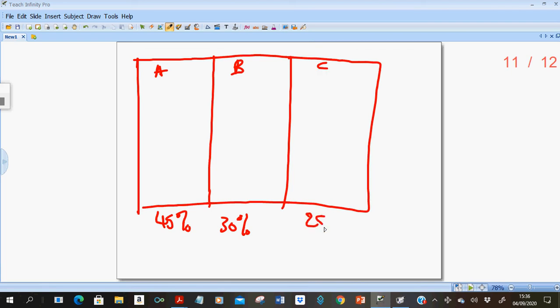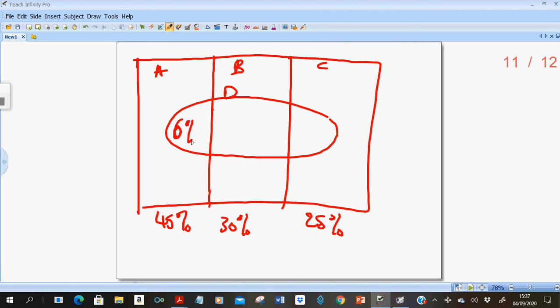Okay, but of the components produced from machine A, we have some defective. So actually, all of them produce defective. So here we have 6%, B has 4%, and C has 3%.